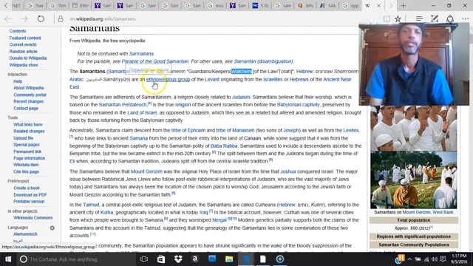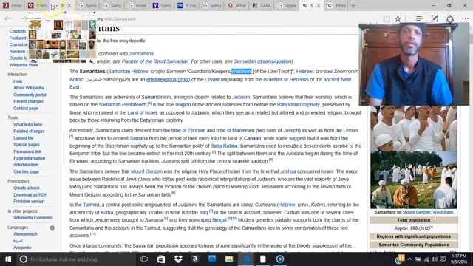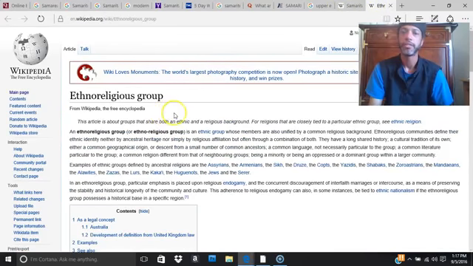So it says it's an ethno-religious group. So that means it's not a blood group, right? That's what that means. Here, let me close some of these out so we can get some other stuff on screen. We know who they are now. And we don't need that one either. All right. So ethno-religious means an ethnic group whose members are also unified by common religious background.